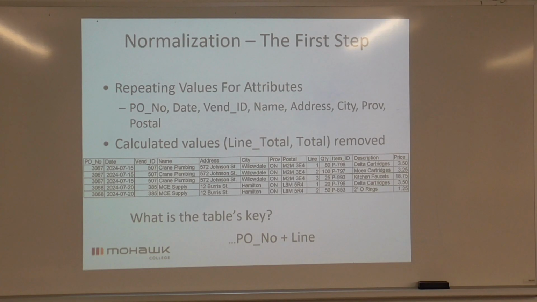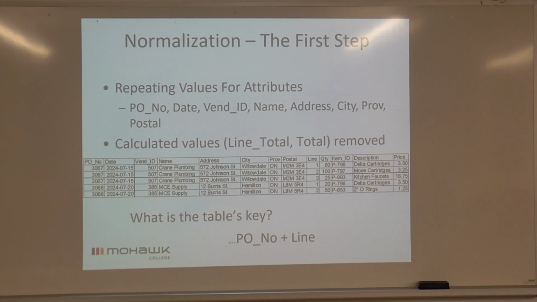Vendor, good. Vendor ID, naturally, and vendor address. I think we can all agree they should all be clustered together, dependent on PO number, not line number.